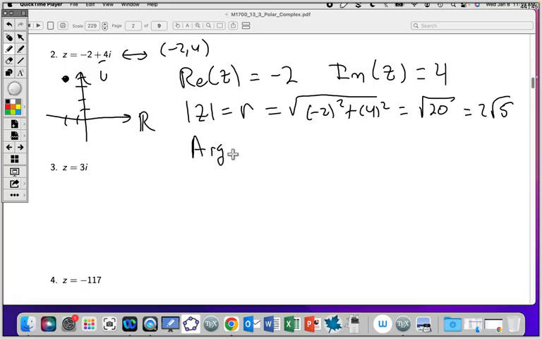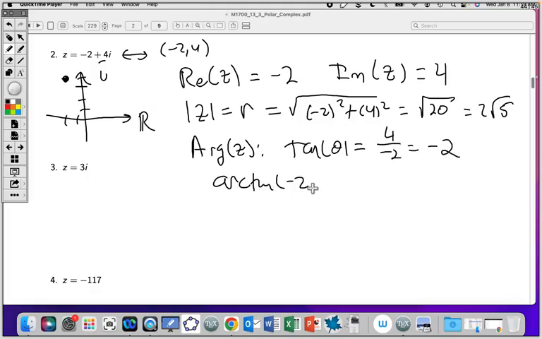To find the principal argument of z, I need to figure out theta. The tangent of theta would be the y over the x, the imaginary over the real. 4 over negative 2, which is negative 2. I don't know an angle whose tangent is negative 2, so I'm going to have to use the arc functions for this. If I took the arc tangent of negative 2, I could pull the negative out.